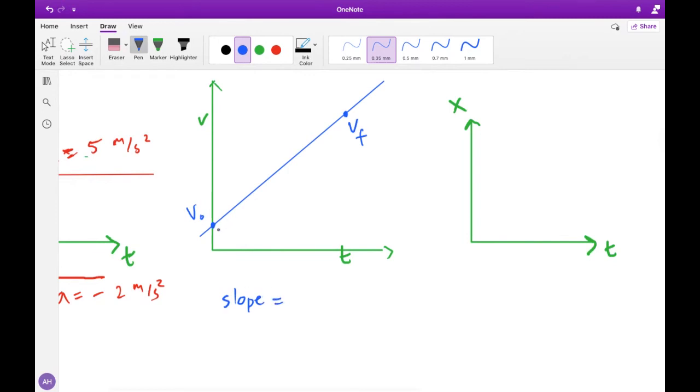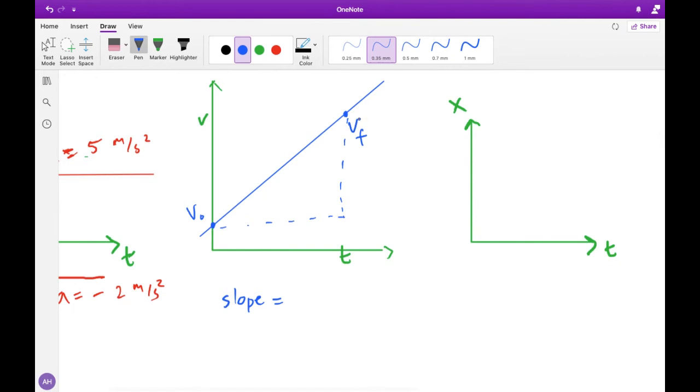So the slope is given as the rise, which is basically how high this goes up.